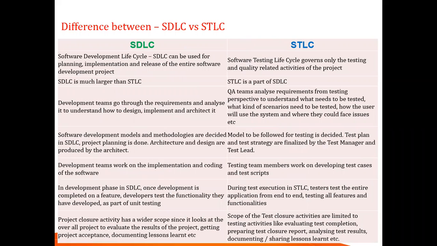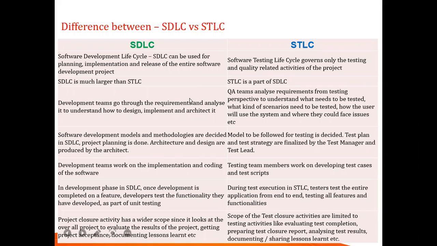We already talked about the software development life cycle and software testing life cycle. In software development, what we do, I just mentioned those. The software development life cycle is used for planning and implementation, whereas in STLC we focus only on the testing items, the quality related activities of the product.